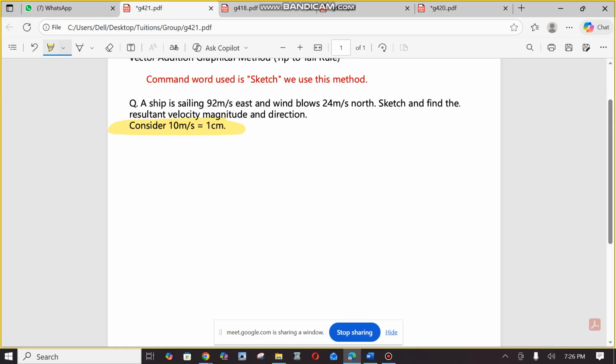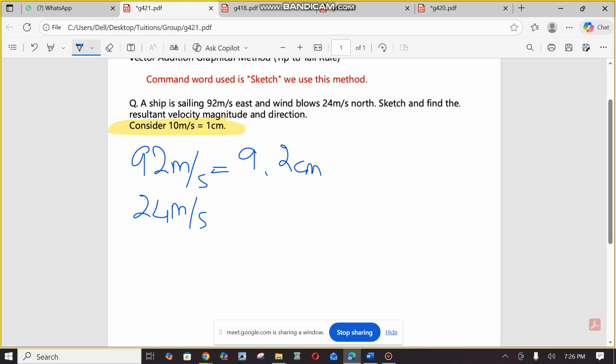We cannot represent 92 meter per second on paper, we can only draw lines. So if 10 meter per second is 1 centimeter, then 92 meter per second is 9.2 centimeter, and 24 meter per second is 2.4 centimeter.